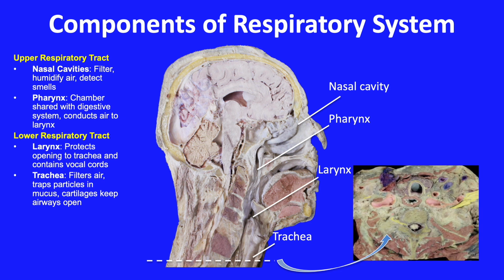This cross-section is oriented in a conventional way. The front of the patient is oriented superiorly, the back is inferiorly. What is clear is that, even in the cadaver, the trachea is observed as an open space. This is due to 15 to 20 cartilages that stiffen and protect the airway.